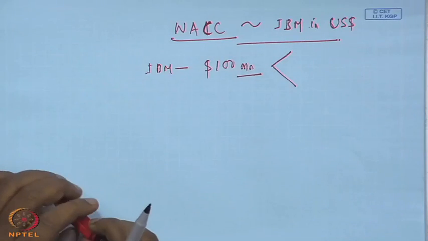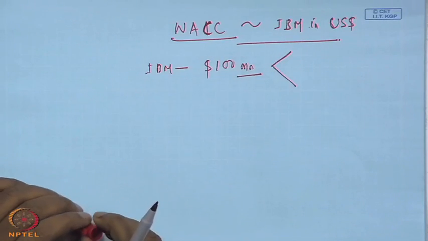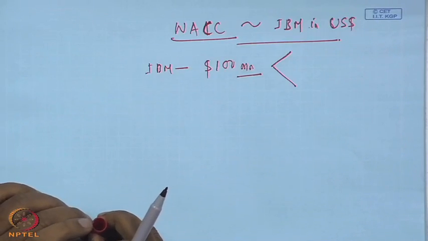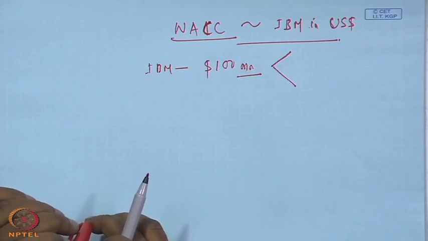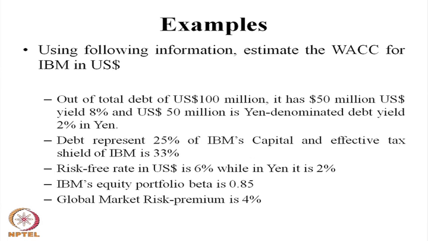One part is 50 million US dollar yielding 8%, and the other 50 million is yen denominated debt yielding 2%. Debt represents 25% of IBM capital and the effective tax shield of IBM is 33%. The risk free interest rate in US dollar is 6%, while in yen it is 2%. IBM's equity portfolio beta is 85.85, and the global market risk premium is 4%.